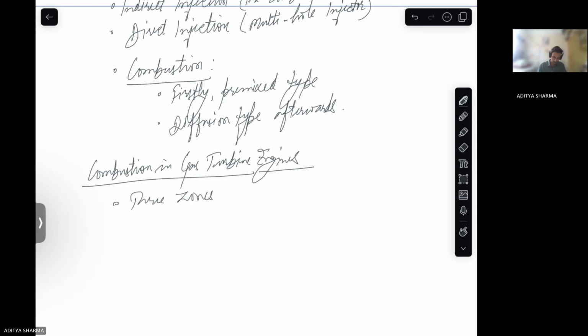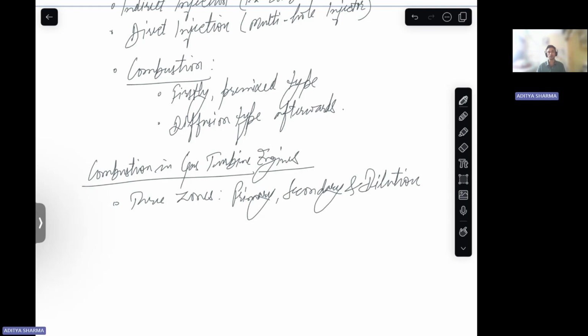Three zones, namely primary, secondary, and then third is the dilution zone.